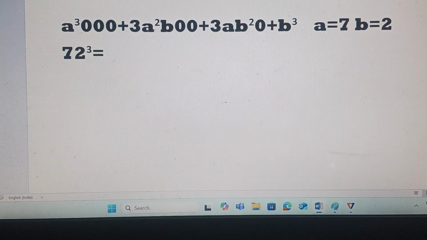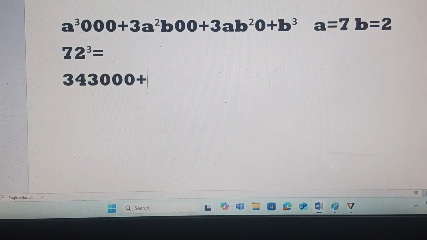Alright guys, here is our final example, 72 cubed. So let's look at the first part. It is a cubed. A in this case is equal to 7 and b is equal to 2. So in this case 7 cubed is 343 plus 3 zeros after, which would be 343,000 plus.